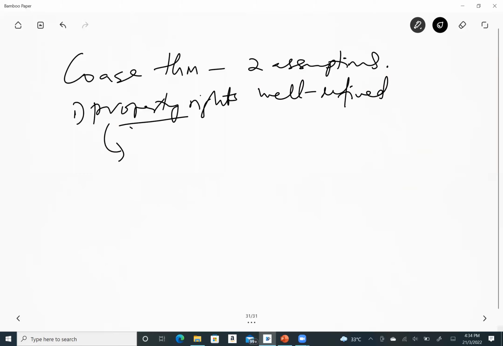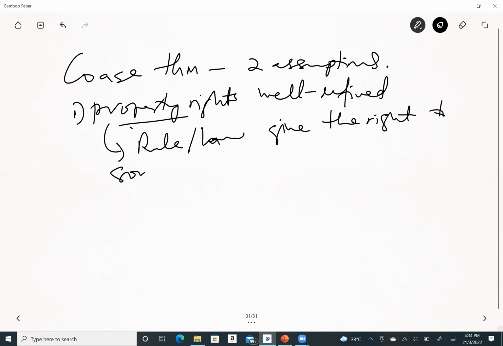A property right is the rule or law that gives the right to someone, or some party, to do something, or to have access to something.